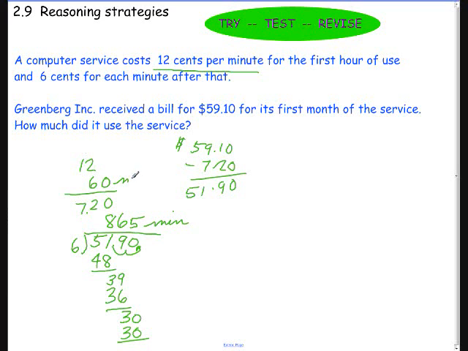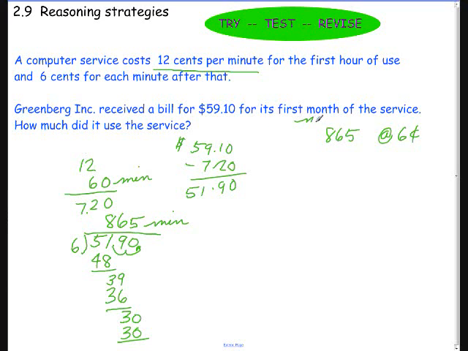And this was minutes. So I actually didn't guess and check here. It would take too long, I think. So 865, that would be at 6 cents a minute. That's the number of minutes.